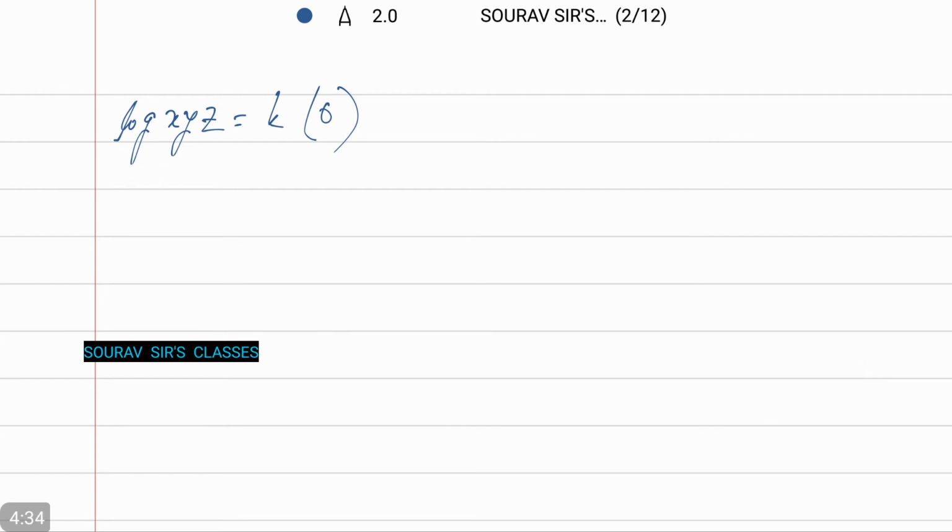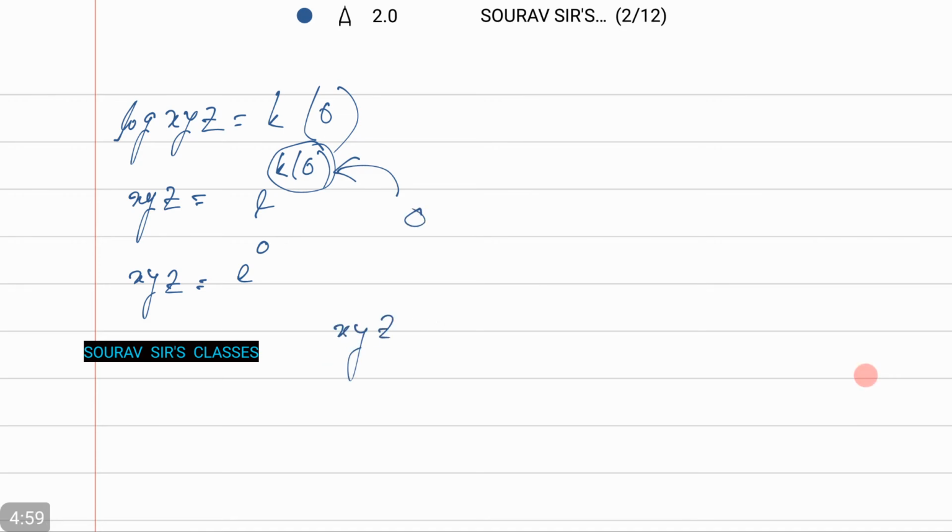Now we take the antilog on both sides, which means that we have xyz equals e to the power k into 0, and xyz equals e to the power 0, since anything multiplied by 0 is obviously 0.